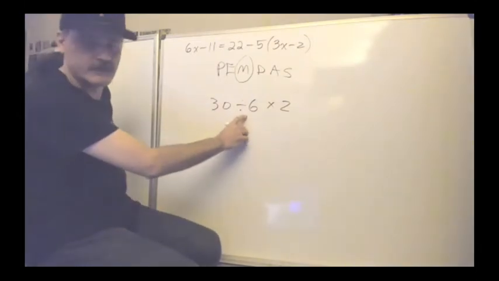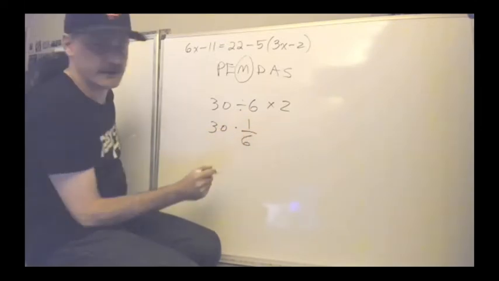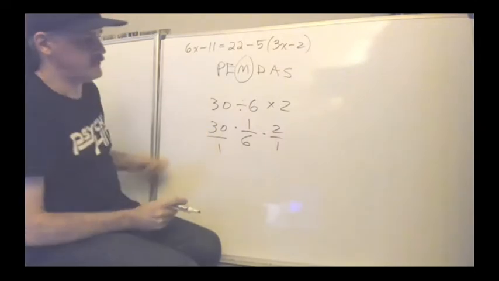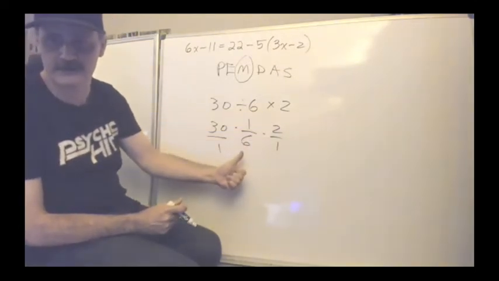Remember, when you divide, you multiply the reciprocal? So if we change this all into multiplication, notice you've got to do the 30 times 2, and then you divide by the 6. Okay?